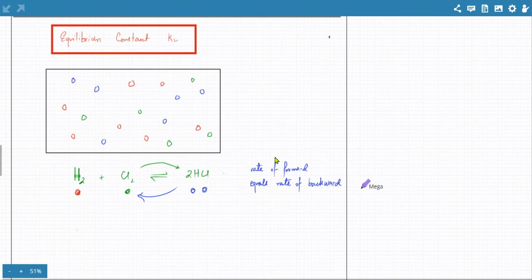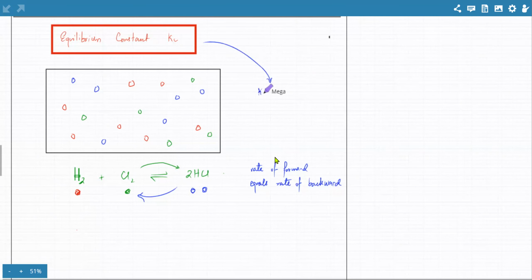Now remember, the thing that we are talking about, Kc, is only applicable to reactions that are at equilibrium. I'm just going to warn you that if a reaction is not at equilibrium, you can't use the word Kc or you can't measure Kc.